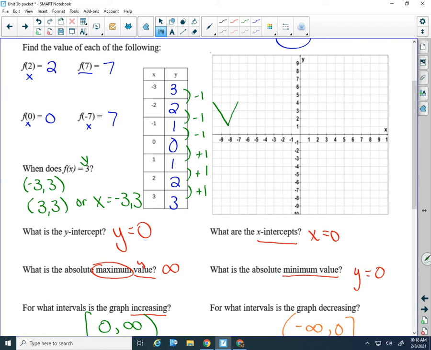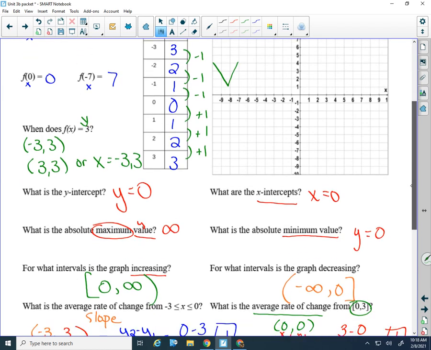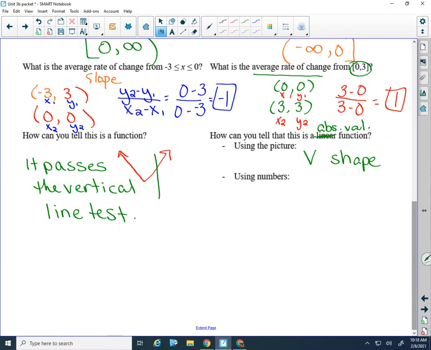So if it's moving at the same rate, the y values, but it switches direction. So I'm going to say the y values change at the same rate. That means they're going up or down at the same number.